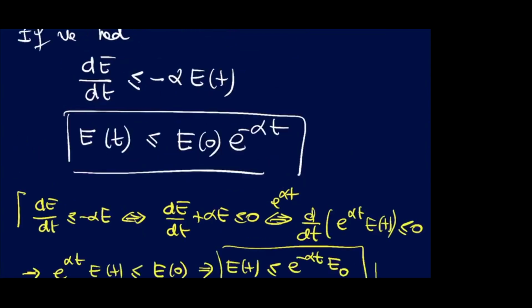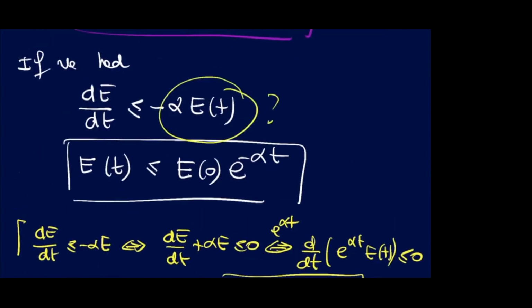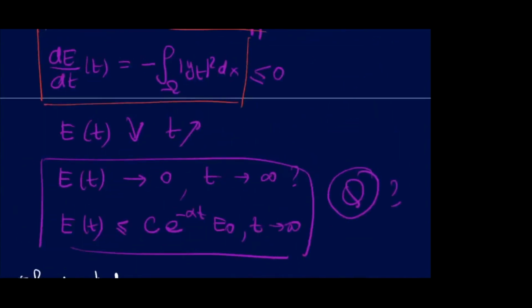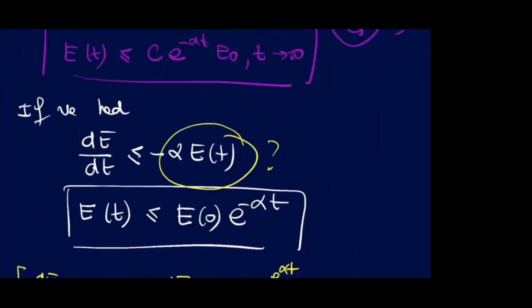But do I have this? Well, what I have in the dissipation is just the kinetic part, while in the energy, if I expand it, I have the kinetic part and the potential part. And I don't have this.